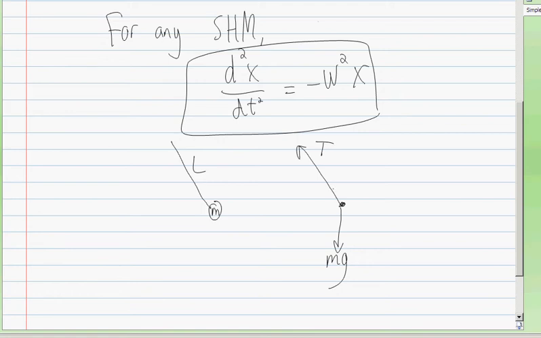it's moving in a circle. So the restoring force that moves it back is going to be the one that acts in the direction of motion.